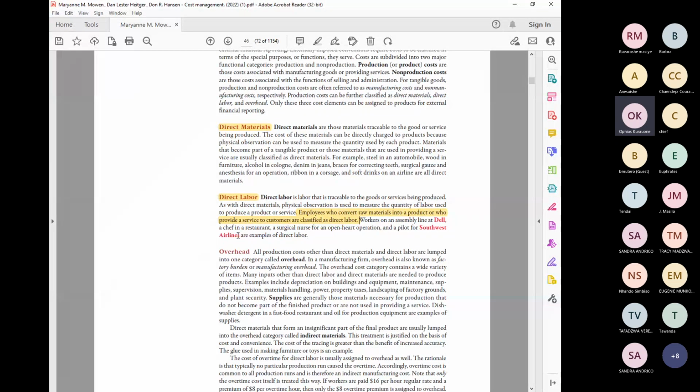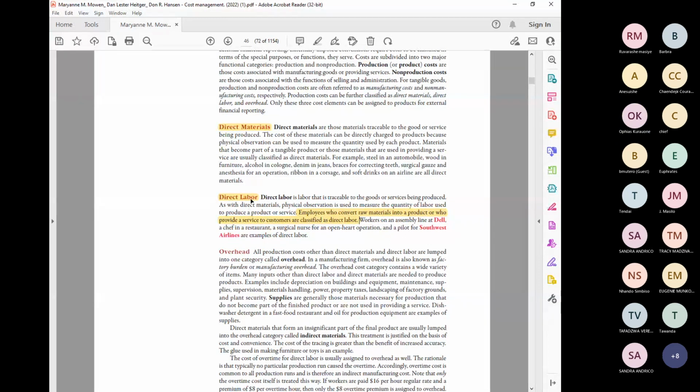Why? Because a chef in a restaurant is the one preparing the food. A surgical nurse is the person who is going to be there to perform the operation. A pilot is going to make sure that the aeroplane moves from, maybe, to Shanghai or New York. That one becomes direct labor.